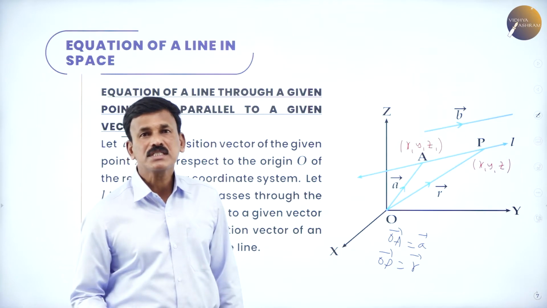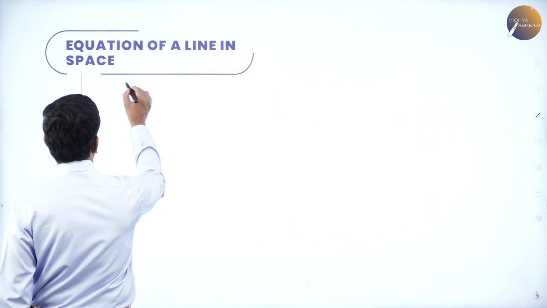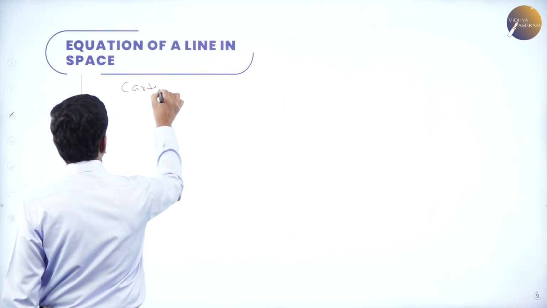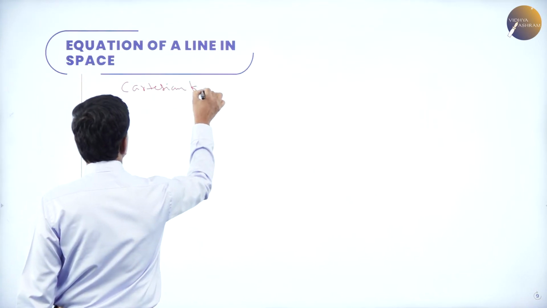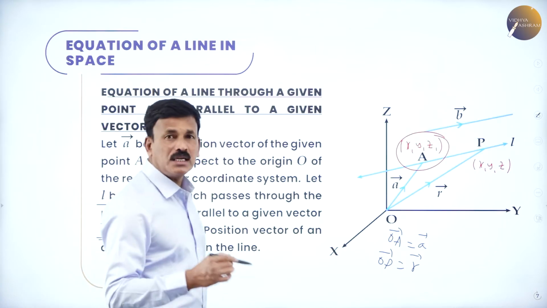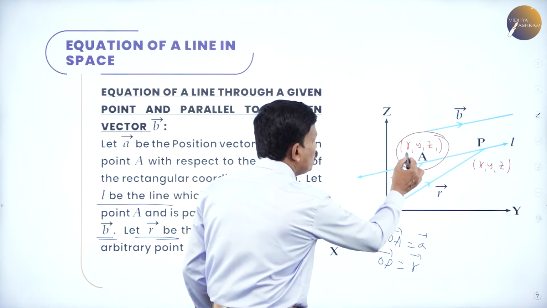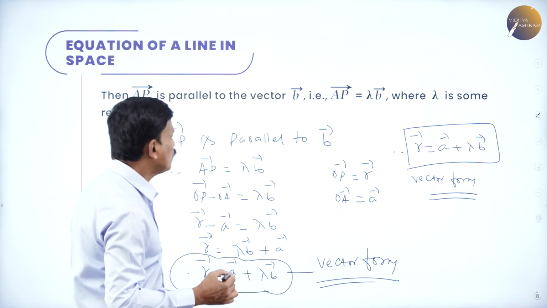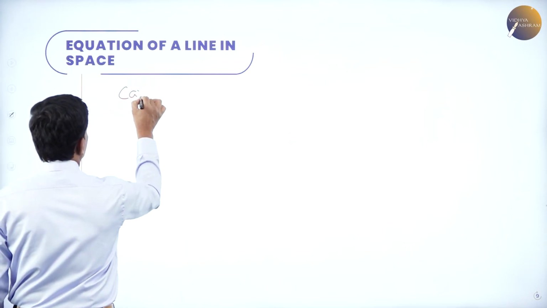Now let us derive the second part, the Cartesian form. For the Cartesian form, let the coordinates of the point A be x1, y1 and z1.